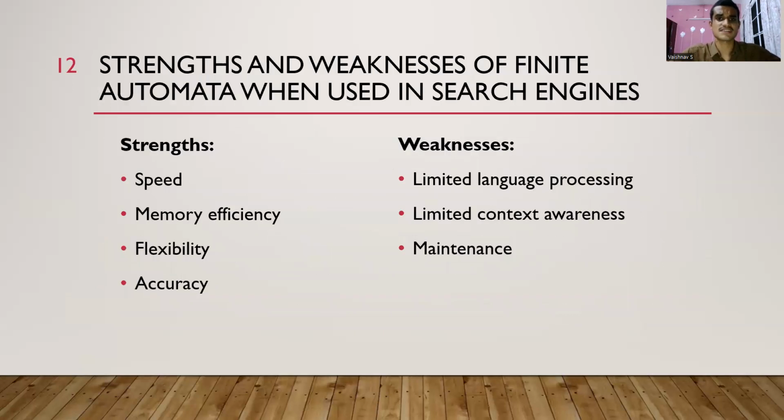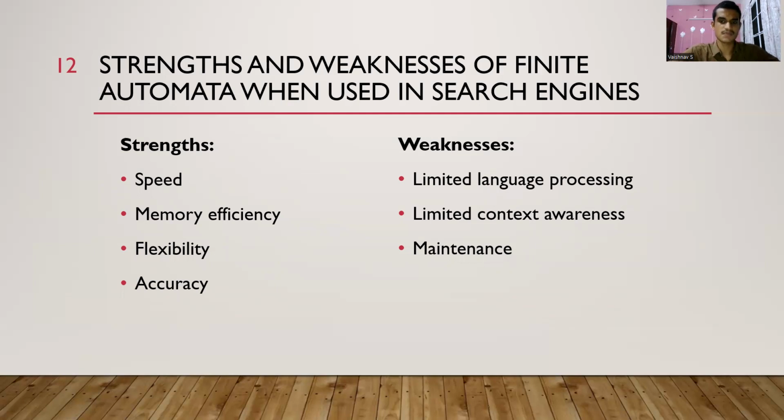Now let's come to the strengths and weaknesses of FA when used in search engines. While it has strengths such as speed, memory efficiency, flexibility, as well as accuracy, it has weaknesses such as limited language processing, limited context awareness, and maintenance. Finite automata are very fast in processing input strings, making them suitable for use in high-performance search engines.